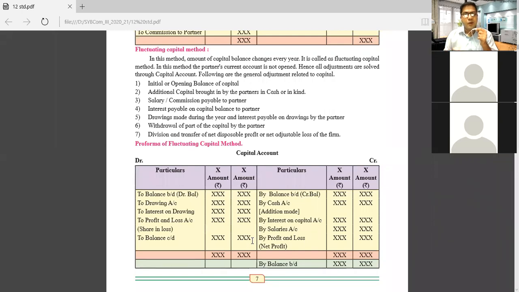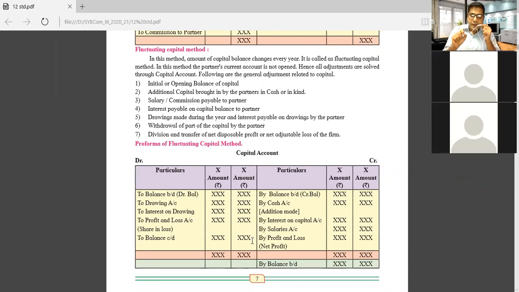You should know the basic things: how to prepare fixed capital and fluctuating capital, how to prepare the current account ledger, and how to prepare the capital account. If you know the entire thing, you can easily solve any kind of partnership final account problem. I hope you understood the methods: the fixed capital method and the fluctuating capital method.